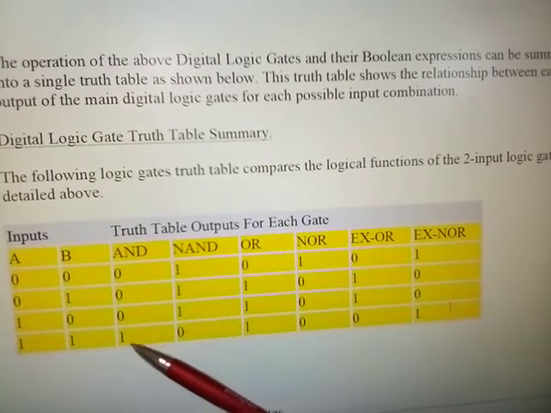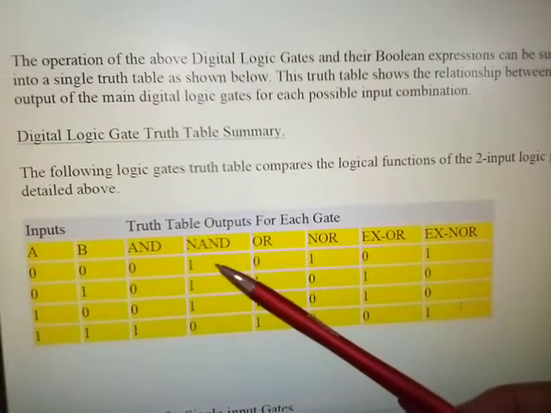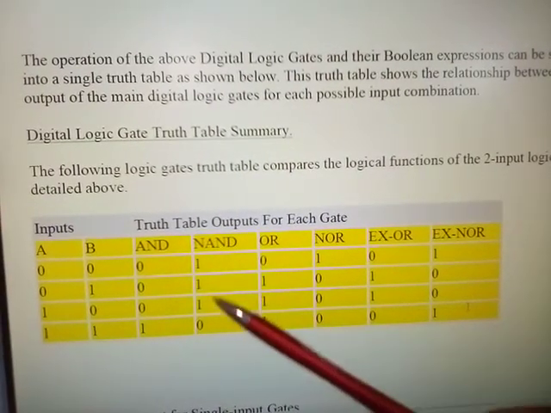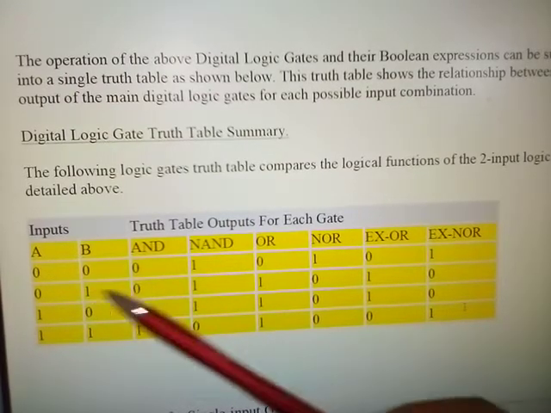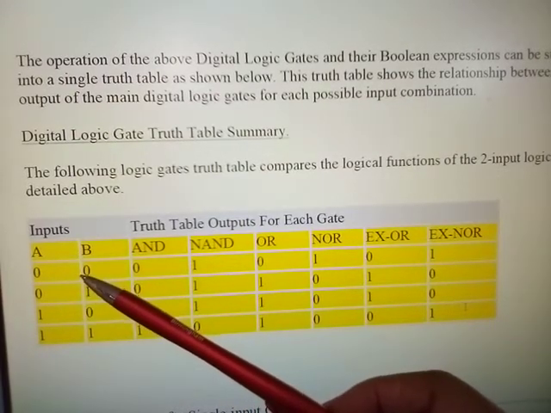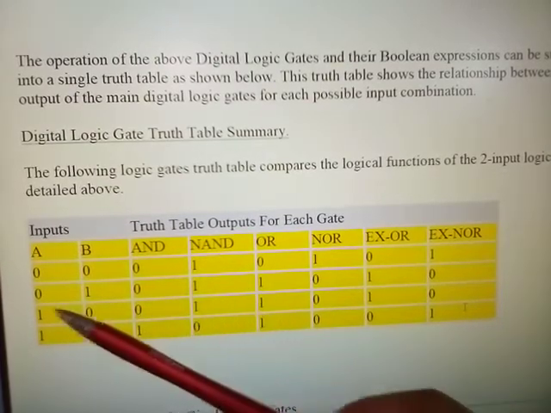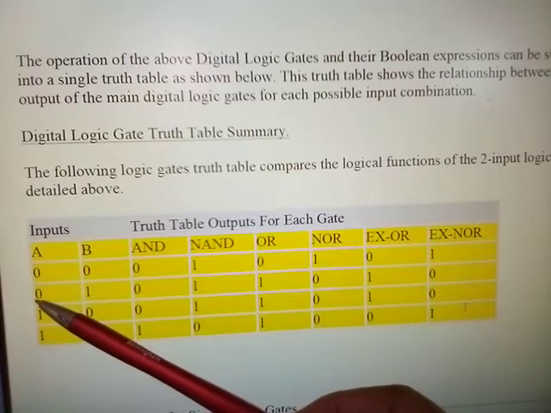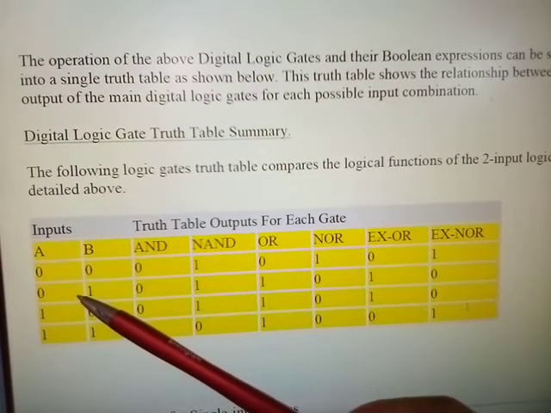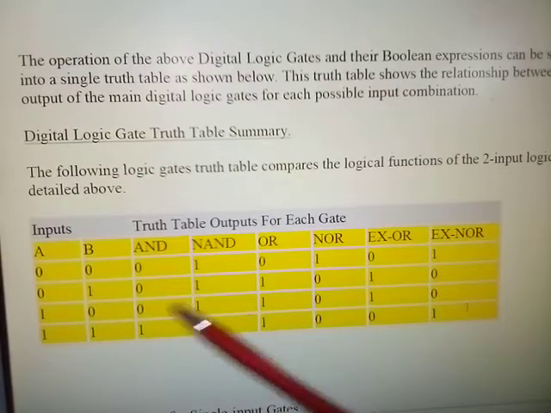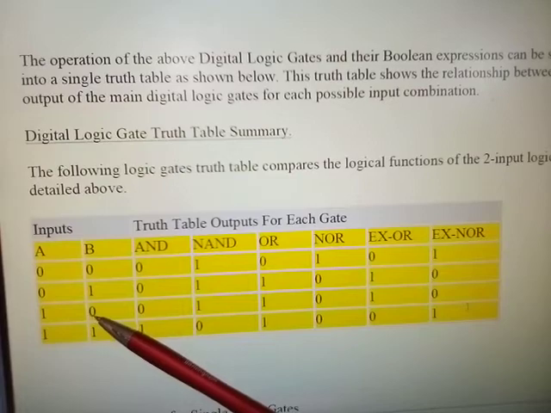That's the function here. Now, what this then says is that we're looking at the NAND gate, and you will get a 1 output if you have a 0 and a 0 at both A and B at the input. You'll get a 1 output for the NAND gate if you have a 1 or a 0 input in respect of the two inputs. If you have a 1 at A and a 0 at B in the input, you'll get a 1 out.